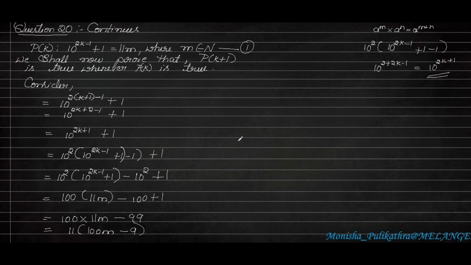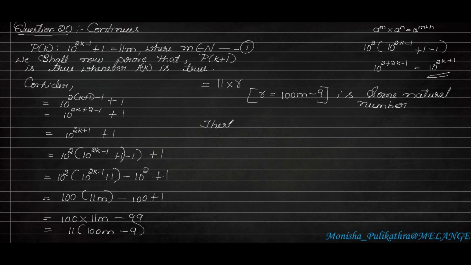So this 100m minus 9 we can take as 11 into r. This r can be any constant which is equal to 100m minus 9, and we can take it as some natural number. So r equal to 100m minus 9 is some natural number.